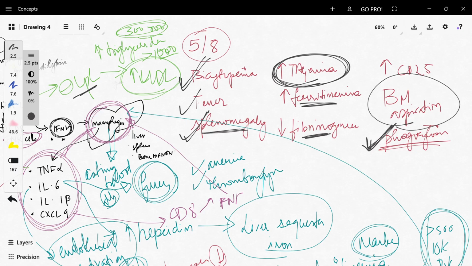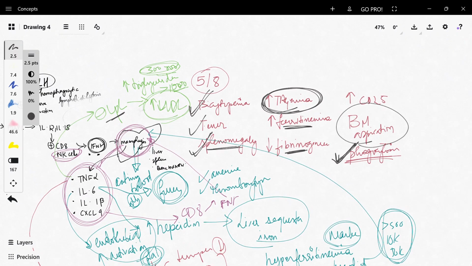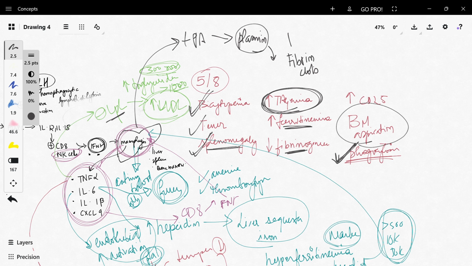And then hypofibrinogenemia. Okay, that is the one thing that I did not elaborate on. So another thing that you need to remember is that macrophages activate tissue plasminogen activator, and then this activates plasminogen to plasmin, and this is what degrades fibrin clots, and also it can directly degrade fibrinogen, right?